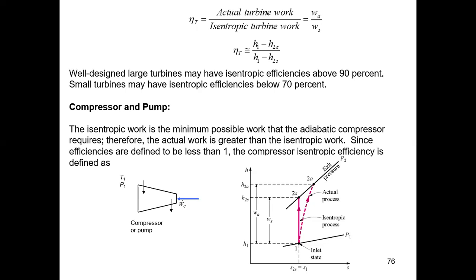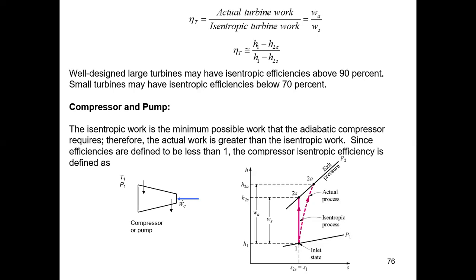Since efficiencies are defined to be less than 1, the compressor isentropic efficiency is defined as, they're showing you the process, WC going in, T1, P1, and leaving, compressor or pump.